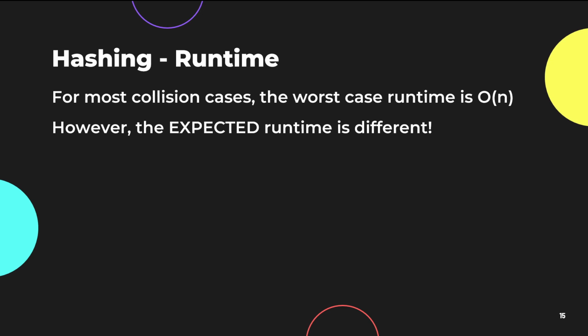Then if I have, for example, 100 data points, in the worst case, I might have all of my 100 in one linked list. But in my expected case, this 100 can be divided into, for example, 33 zeros, 33 ones, and 34 twos. How do I get 33, 33, 34? That is your 100 divided by the number of buckets. So this is your n, this is your m.